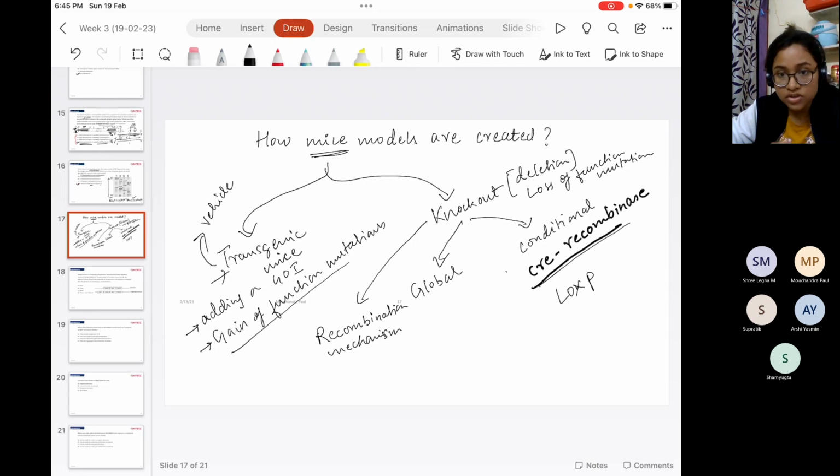If you add LOXP into the DNA sequence, this Cre recombinase will identify this LOXP, and only there the recombination process will happen.